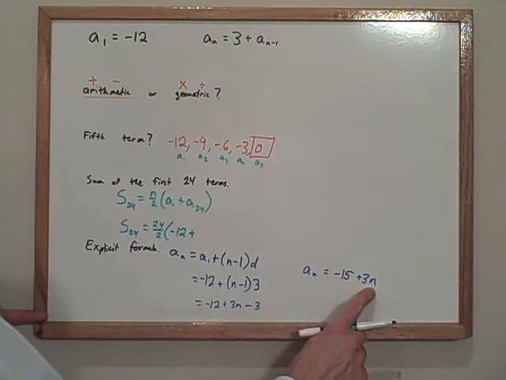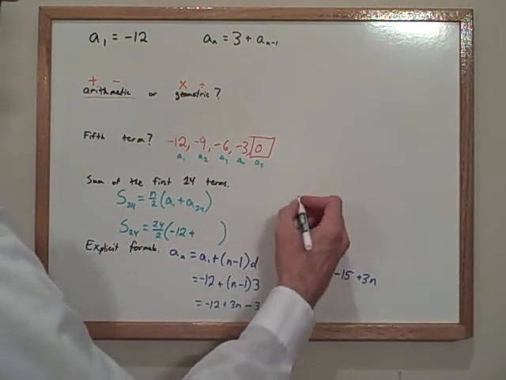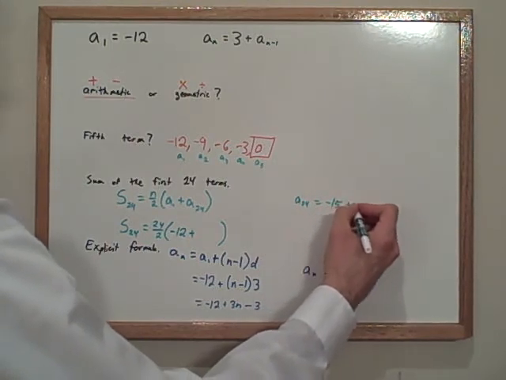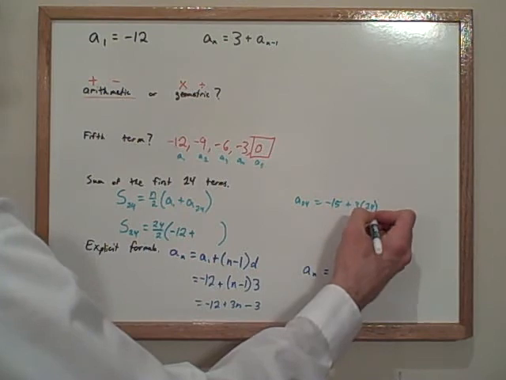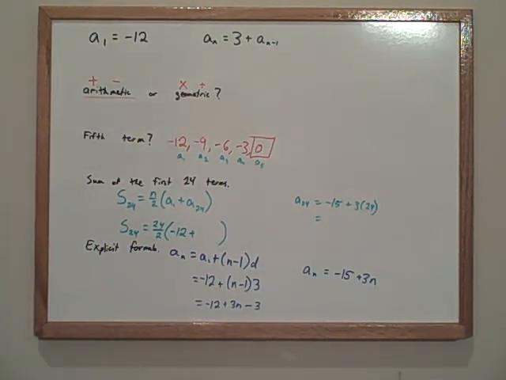If we plug in a 24 right there, we'll figure out what goes in this formula right here. So let's do it. The 24th term is negative 15 plus 3 times 24. There we go. Negative 15 plus 3 times 24, that would be 72 minus 15. 57.